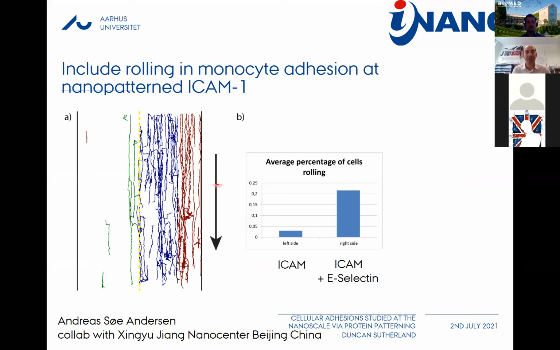The right side of the channel has both ICAM nanopatterns and E-selectin in the background, and the left channel has just the ICAM. With just the ICAM, we don't get any adhesion at all in flow. In the real situation, you need to have this rolling along the surface in order to give this contact, and this is showing the rolling events. So at least with the 2-way patterning, you have a possibility to bring the cells into contact with the ICAM.